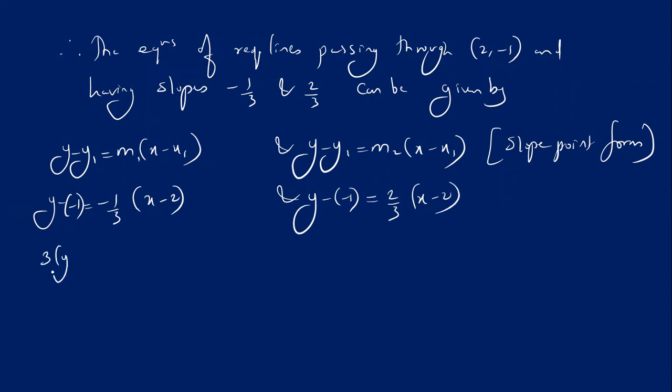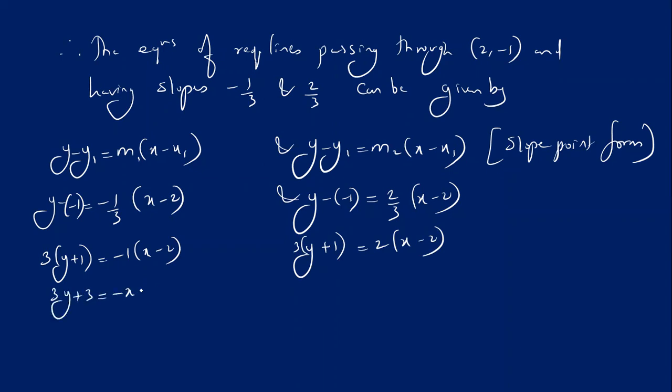So 3y plus 3 is equal to 2x minus 4. So it is x plus 3y plus 1 is equal to 0 and 2x minus 3y minus 7 is equal to 0.